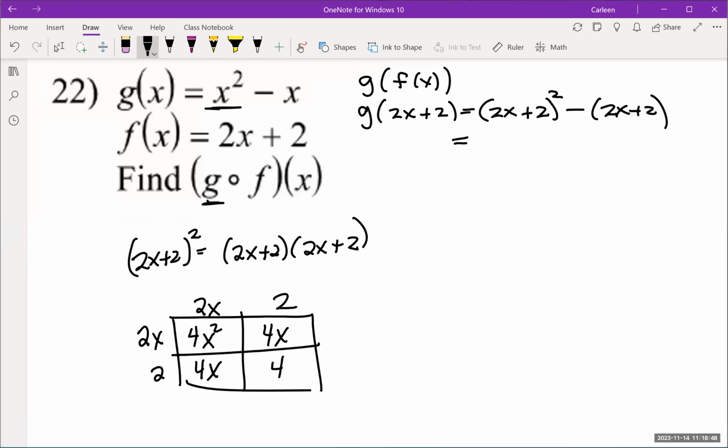So this is combine like terms. 4x squared plus 8x plus 4 minus 2x plus 2.